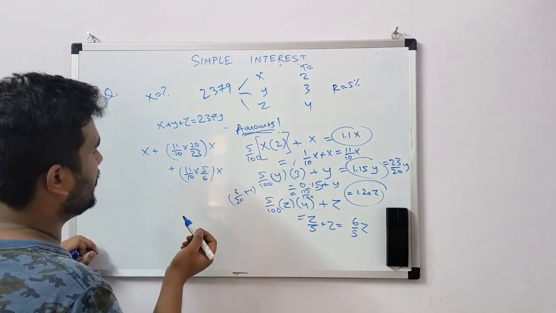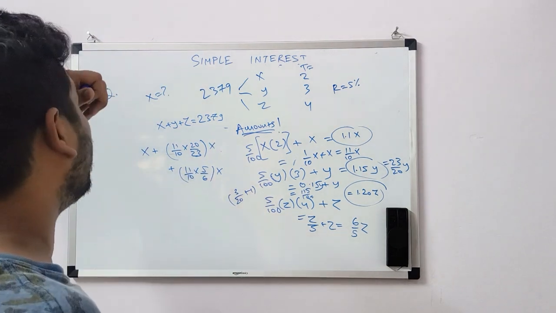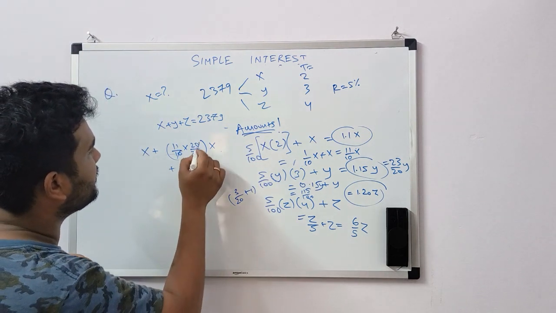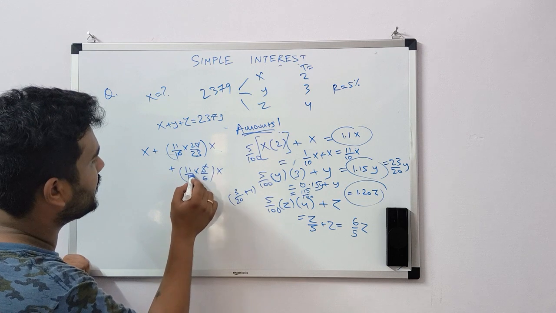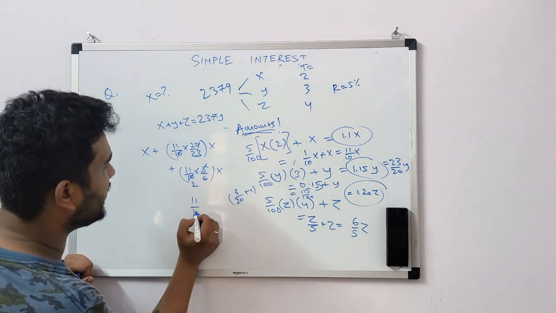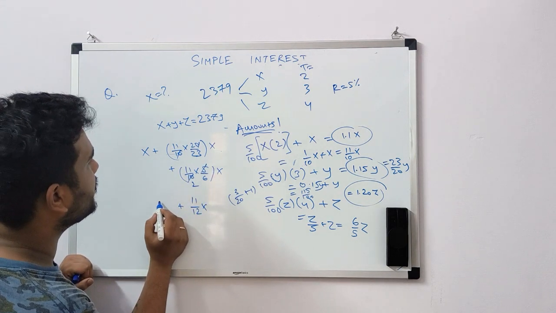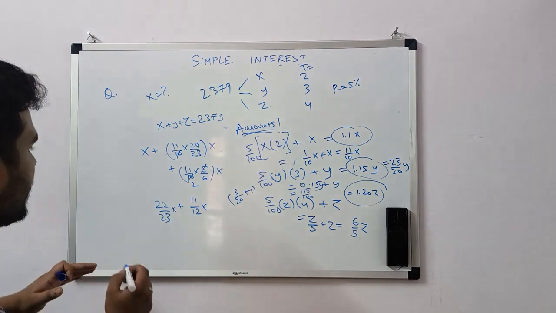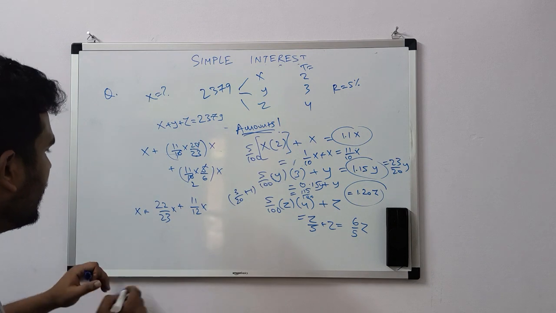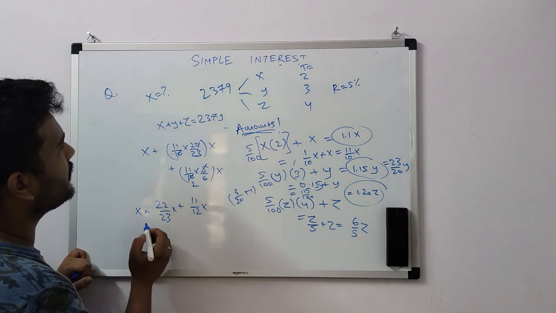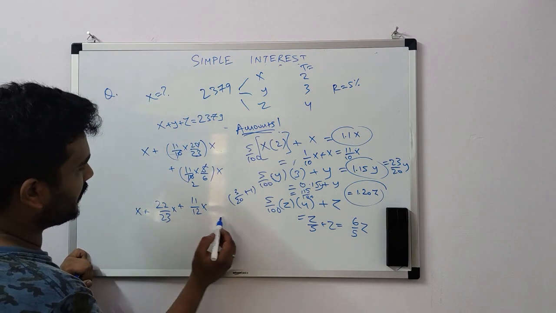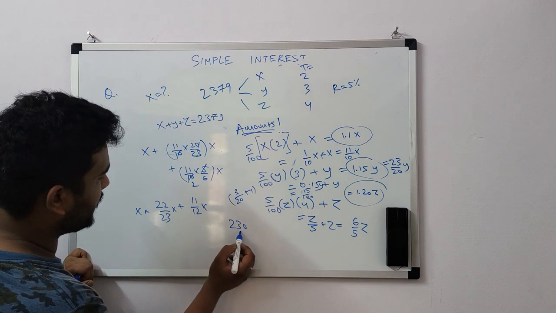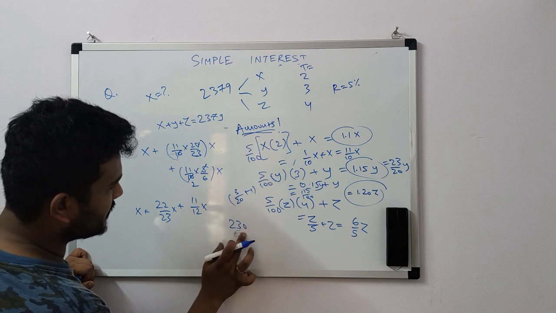So now what? Now we will have to proceed. Can we simplify a little bit? Because it's always good to simplify as soon as possible. We don't want to carry a lot of baggage. But as I said, I will leave this question because it is taking me so much time. 23 into 12. So this is what? Can you do it mentally? 23 into 10 plus double of it, 60, 46.